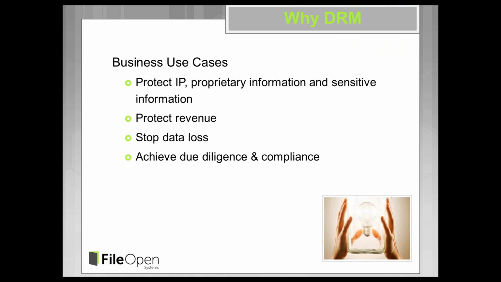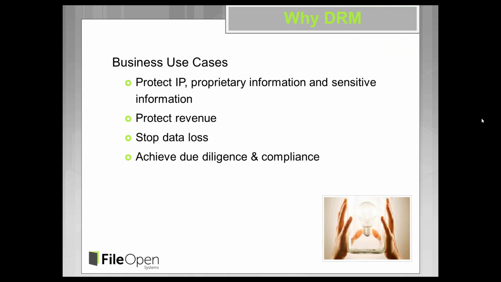But in order to disseminate the information about the product that they have, they need to share that with third parties external to the organization. And they need to be able to do that, securing the confidence that only the intended parties can actually view those documents, and that even though they have extended that information outside of the company's firewall, they can control and retain the ability to access that information and control it at all times.